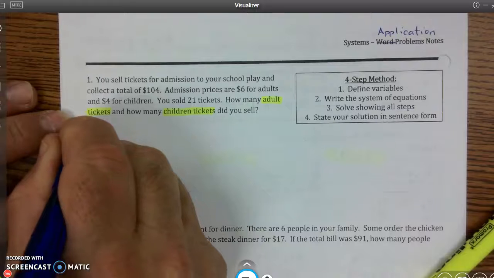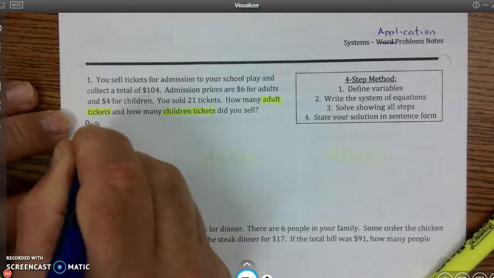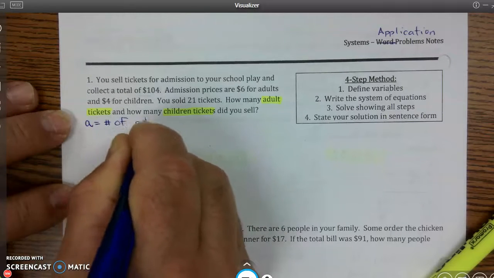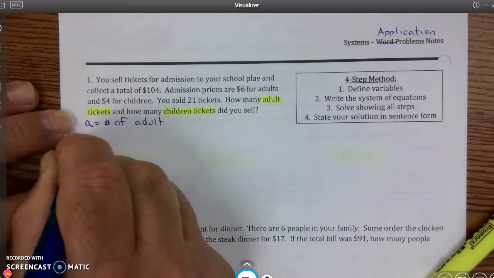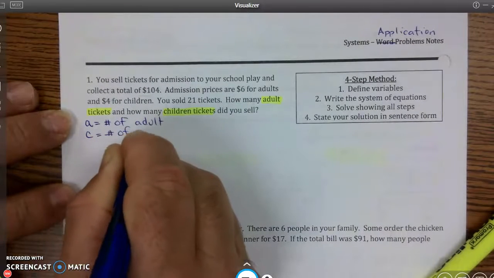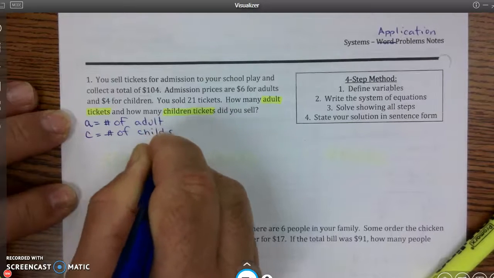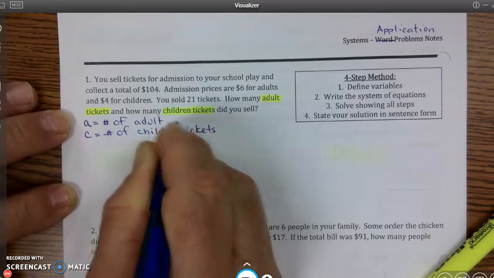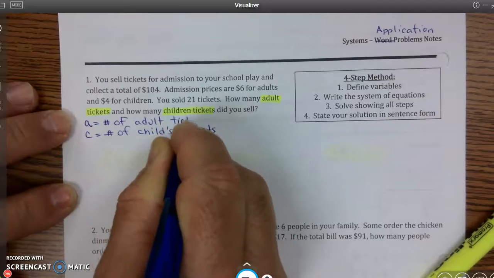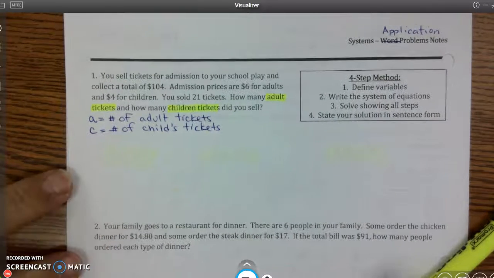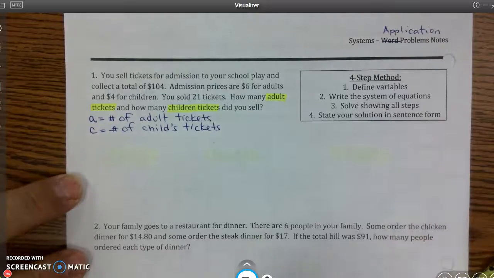So we're going to say A equals the number of adult tickets and C equals the number of child's tickets. Okay? And you could use X and Y, and that's fine. Doesn't really matter. We can change them to X and Y later if we want.